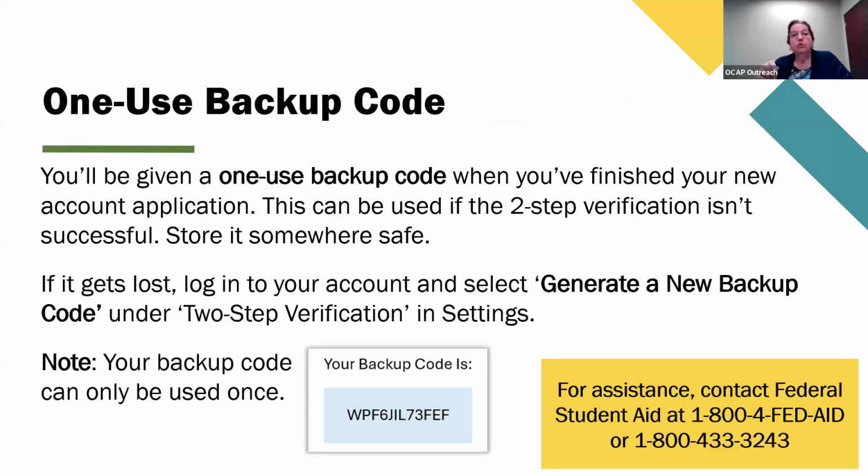So if that student or parent goes in with their login information later and they just aren't able to access the account, this code can be used one time to access the account. If you ever needed to try it again with another code, you would need to call the Federal Student Aid number, and it's listed here on the screen in the yellow box.